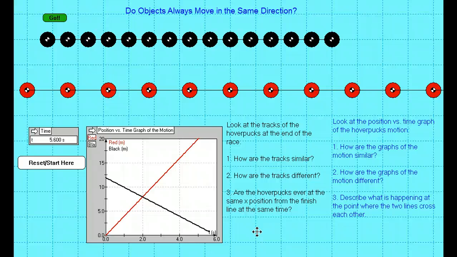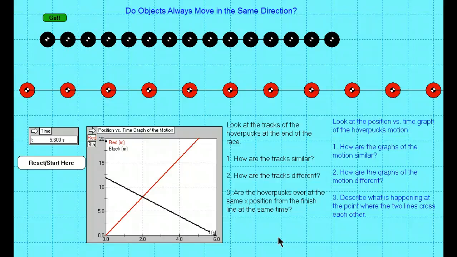So again, you'll want to pause the simulation and answer these questions about the tracks of the Hoverpucks, and then answer the blue questions about the graph of the Hoverpuck motions. Again, similarities, differences. What happens when the two lines cross?